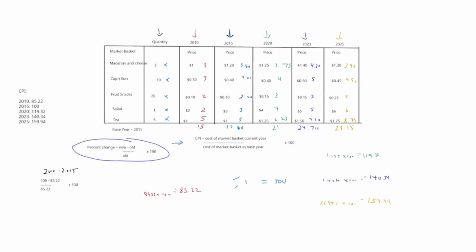Divide that by 85.22, you get 0.1734 times 100. That gives us an inflation rate of 17.34% from 2010 to 2015.